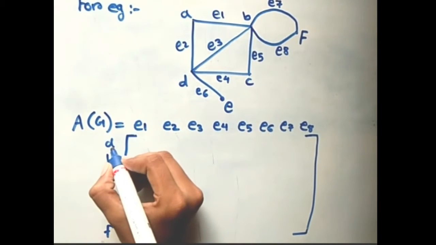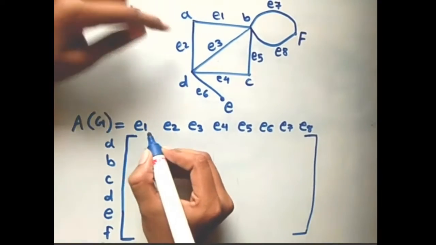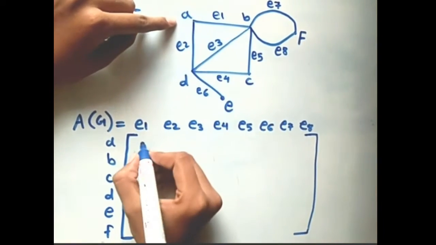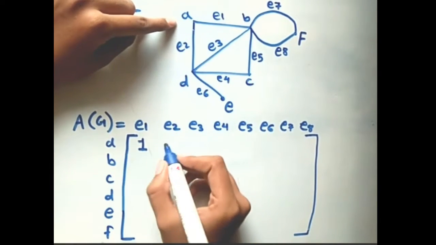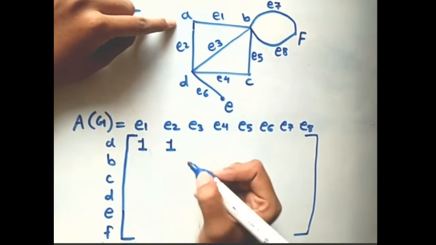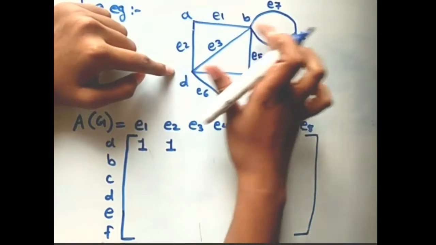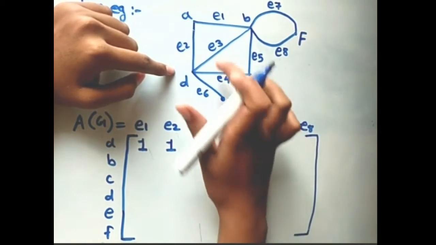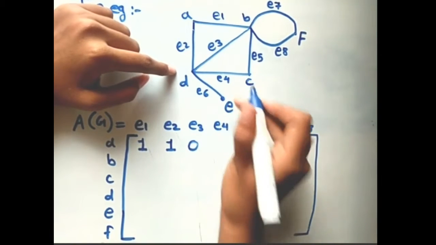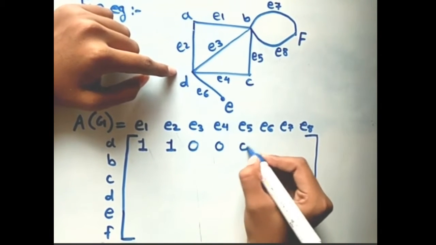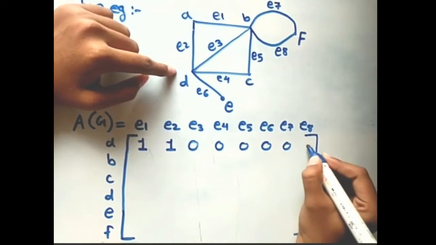For vertex A, edge E1 is incident, therefore we will write 1. Edge E2 is also incident on vertex A, therefore write 1. Edge E3 is not incident on vertex A, therefore we will write 0.